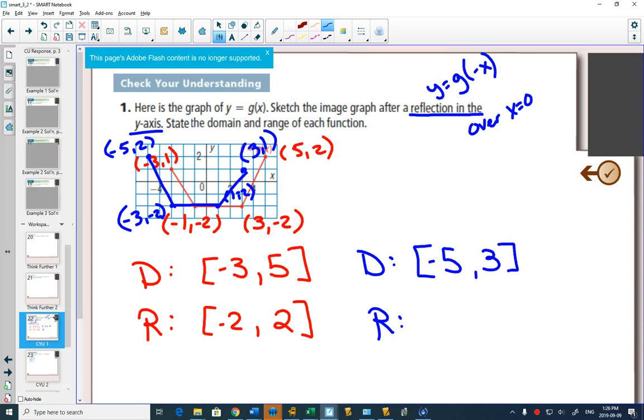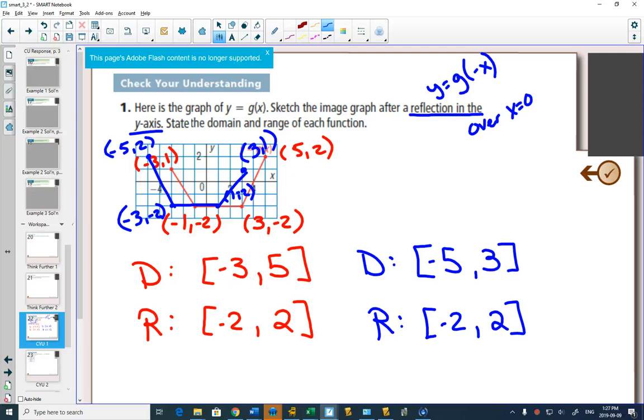Our smallest y value is still -2. And our largest y value is still +2. So a couple things I want you to notice. Notice the range didn't change.